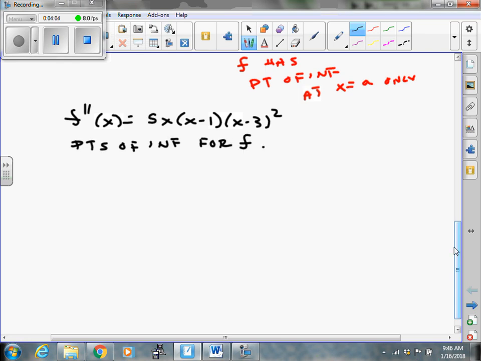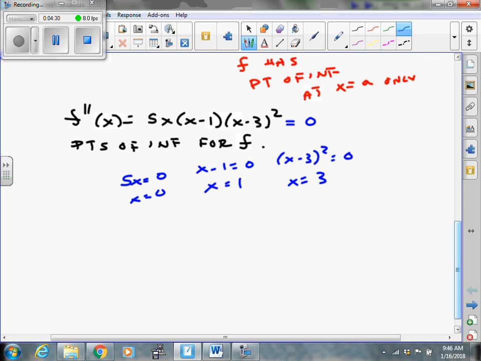If I want the points of inflection, I need the concavities. So I'm going to set this double derivative equal to 0. If I do that, I get 5x equals 0, x equals 0; x minus 1 equals 0, x equals 1; and x minus 3 squared equals 0, x equals 3. So there are three possible points of inflection.